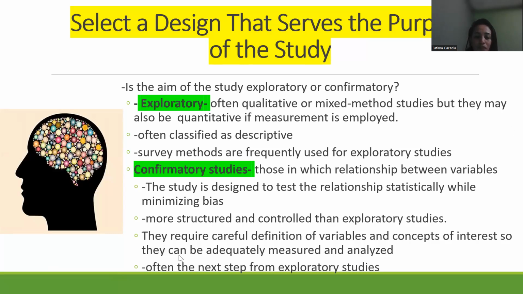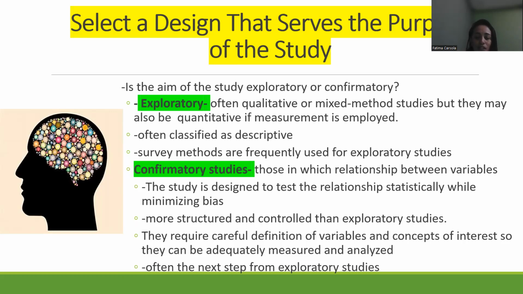So we have here what we call exploratory. Okay, these are often qualitative or mixed method studies, but they may also be quantitative if measurement is employed, for example, survey methods. Confirmatory study, when you are after the relationship between variables, and the study is designed to test the relationship statistically while minimizing bias.